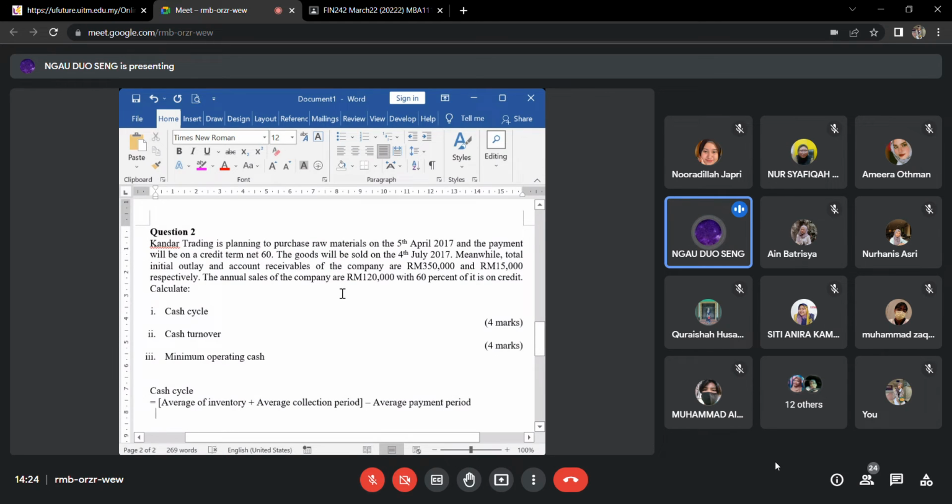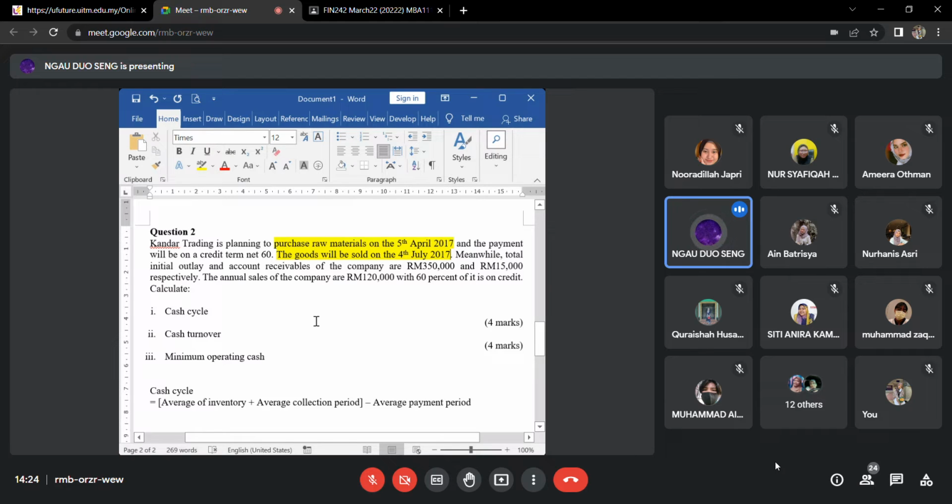Sini adalah purchase 5th April. And then here, purchase raw materials here. This one, so we just put there. The good will be sold on 4 July.